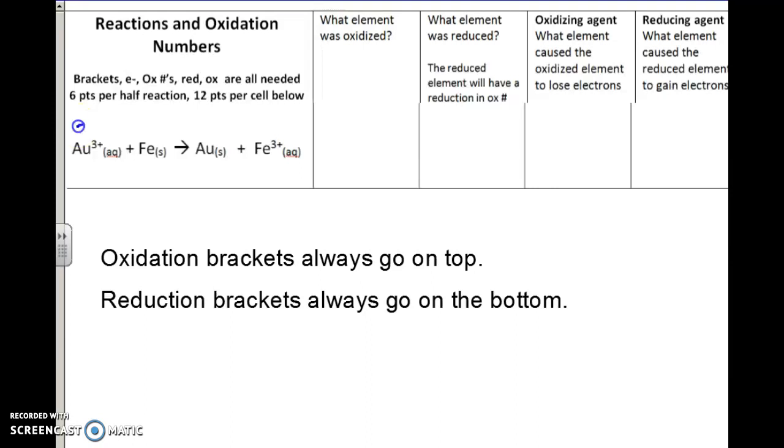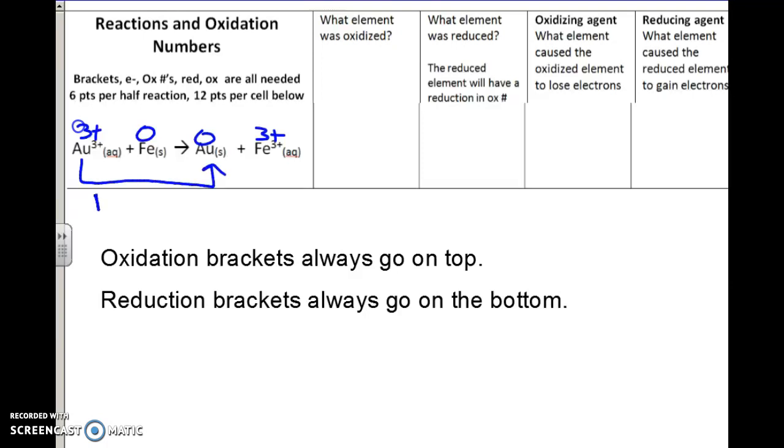So write the oxidation numbers: 3 positive, 0, 0, 3 positive. Those are skills from the front page. Which element or ion is reduced in oxidation number? Well, the gold 3 positive ions are turning into solid gold.